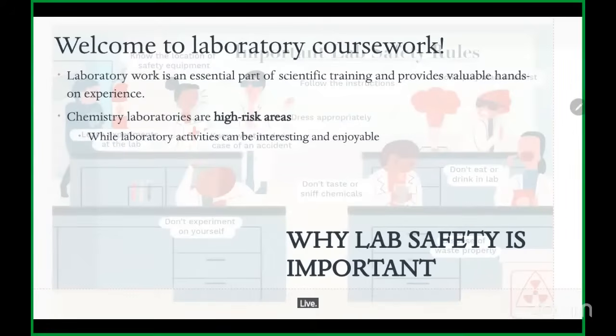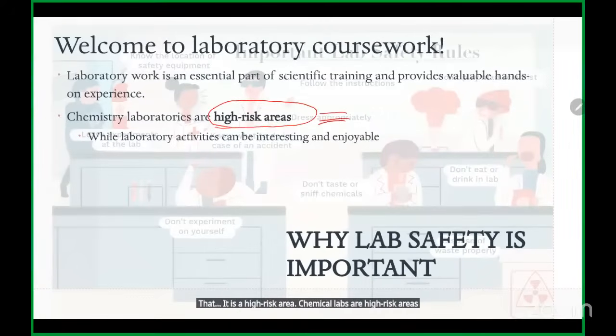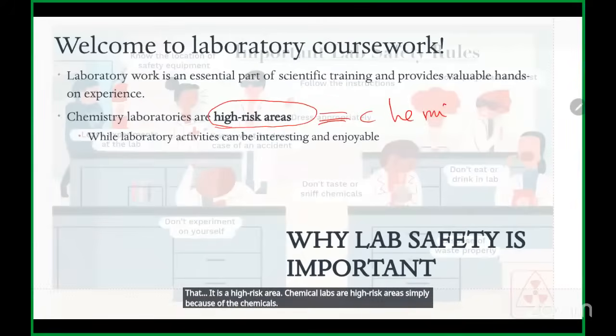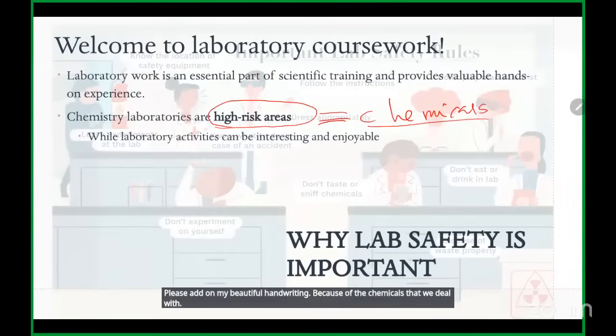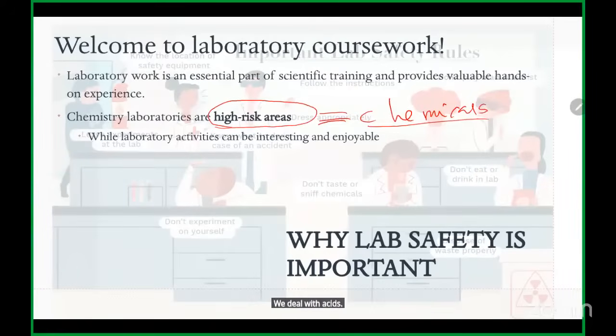First thing first that we need to know with laboratory work is that it is a high-risk area. Chemical labs are high-risk areas simply because of the chemicals that we deal with. Please pardon my beautiful handwriting. We deal with acids, and acids can burn our skin.